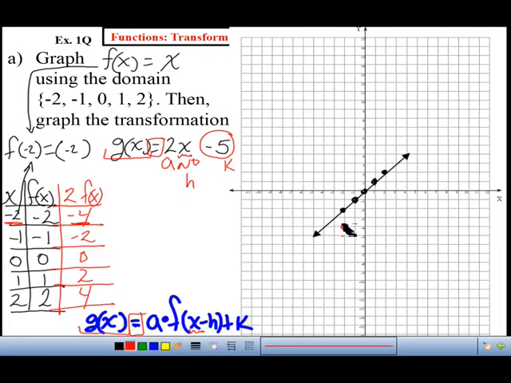You don't have to make big points, make them normal size, because for the last transformation, we're going to make bigger points like that. We know that those are it, okay? So -2, -4. The next one, -1, -2. Next one, 0, 0. Next one, 1, 2. And the last one, 2, 4.